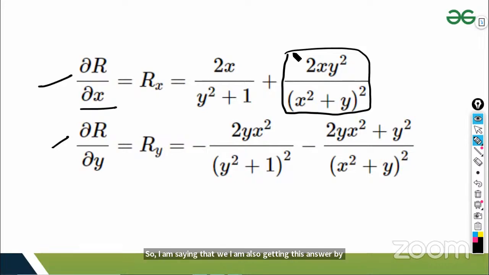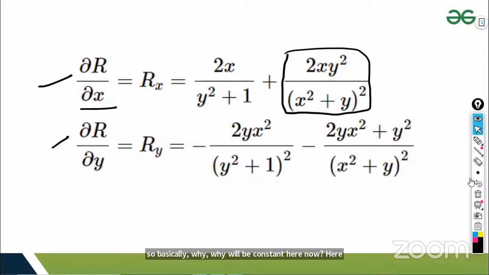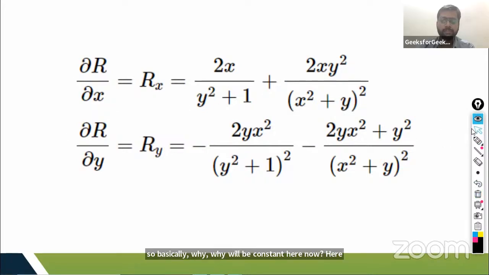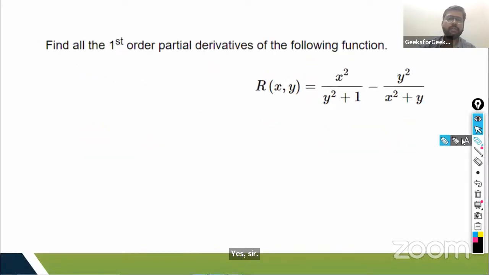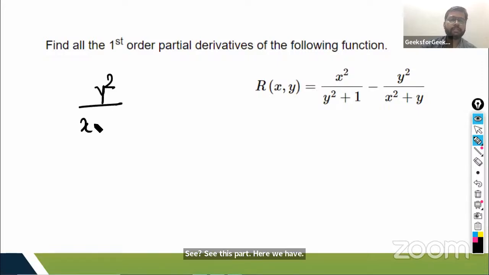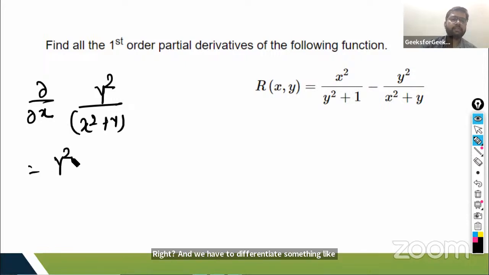So basically, y will be constant here. Yes, sir. y will definitely be constant because you are differentiating with respect to x. Now see this part. Here we have y square upon x square plus y, and we have to differentiate something like this. So can I take y square as a common?